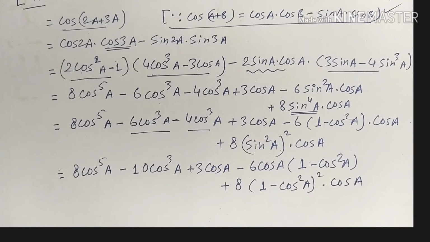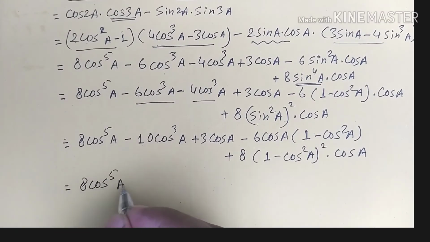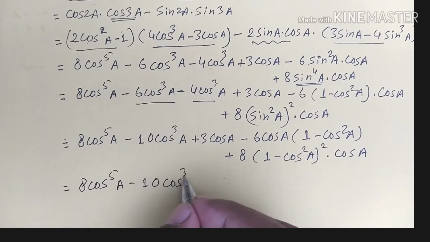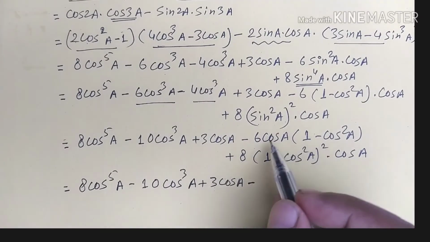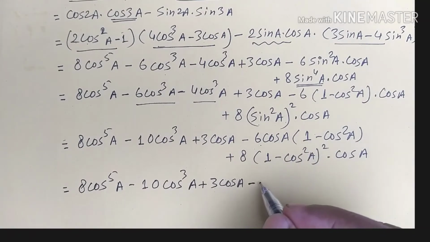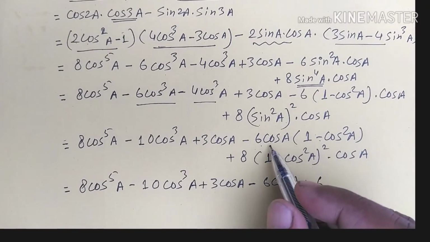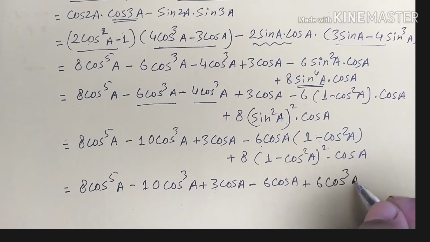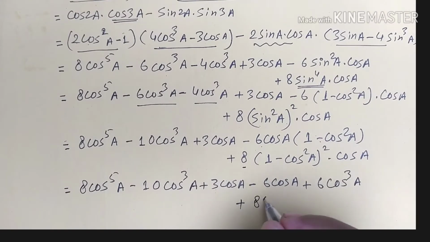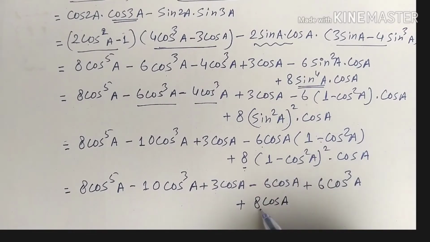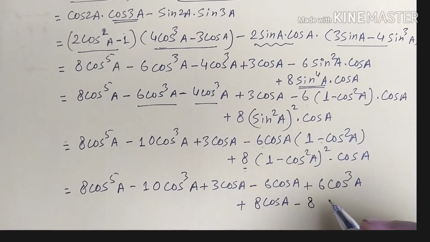This is equal to 8 cos power 5a minus 10 cos cube a plus 3 cos a minus 6 cos a, minus into minus plus 6 cos a cos square a will be cos cube a, and 8 times cos a will be 8 cos a, and 8 cos a, plus into minus will be minus.